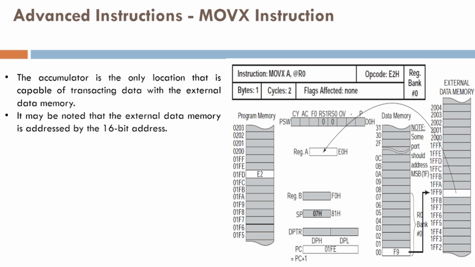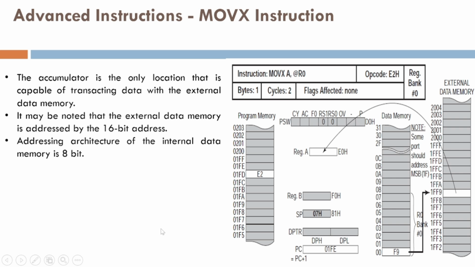Again, we have to remember the external data memory that we are considering has a 16-bit address. So we will have to use a mechanism to address this particular data memory. How can we do that?